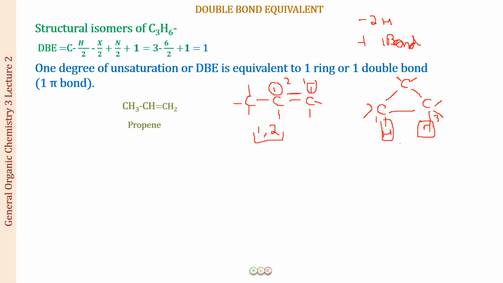And here I am removing the 2 hydrogens from position number 1 and 3, and again I am adding one bond. So this means my double bond is just equivalent to one ring. Wherever I can draw a double bond, this is how I can draw a ring instead. The number of carbons and the number of hydrogens will remain the same. So my ring can be a substitute of a double bond.